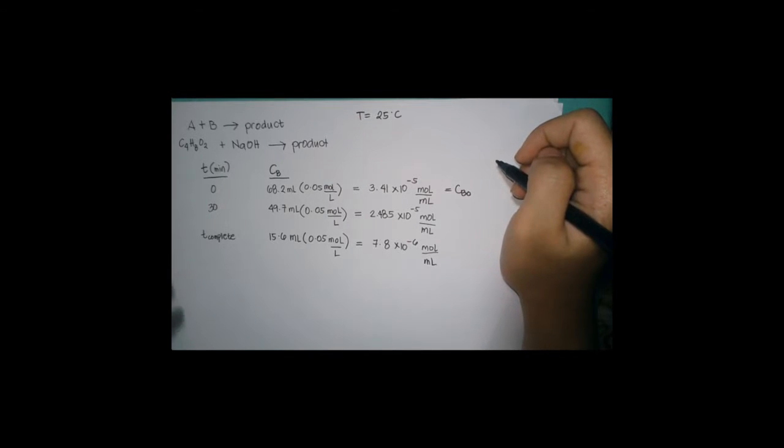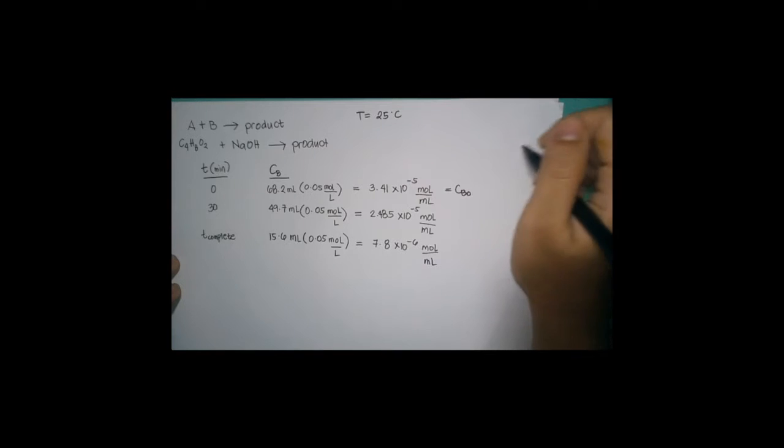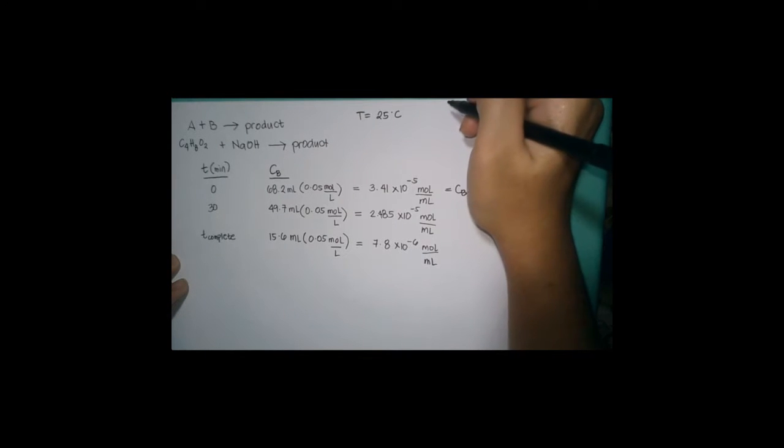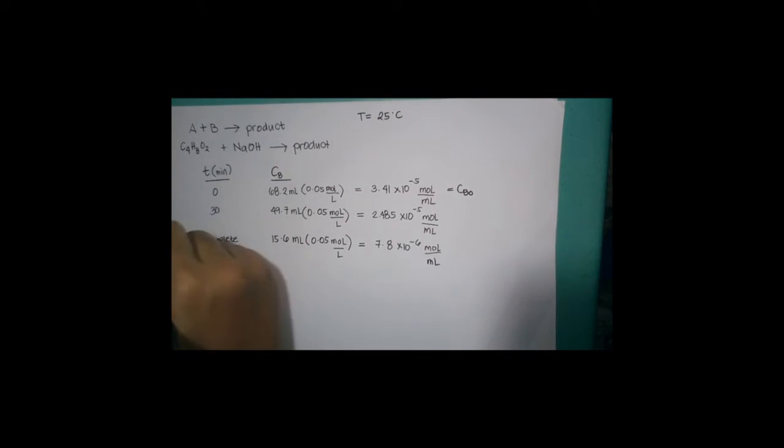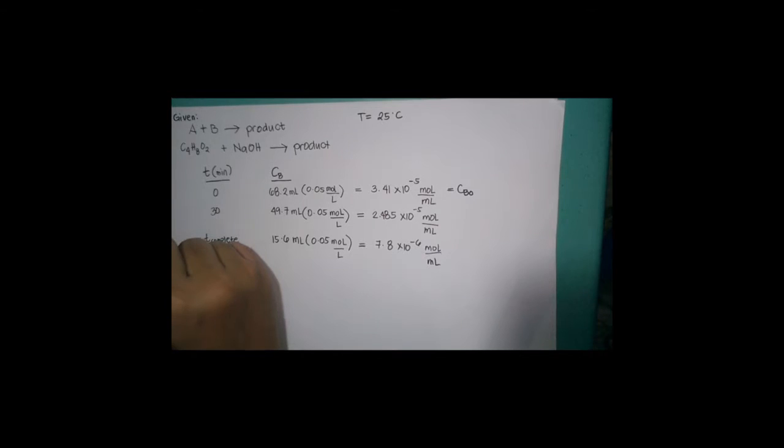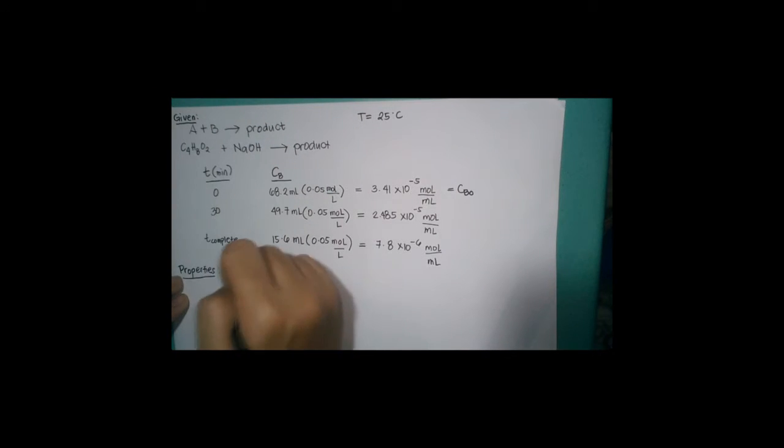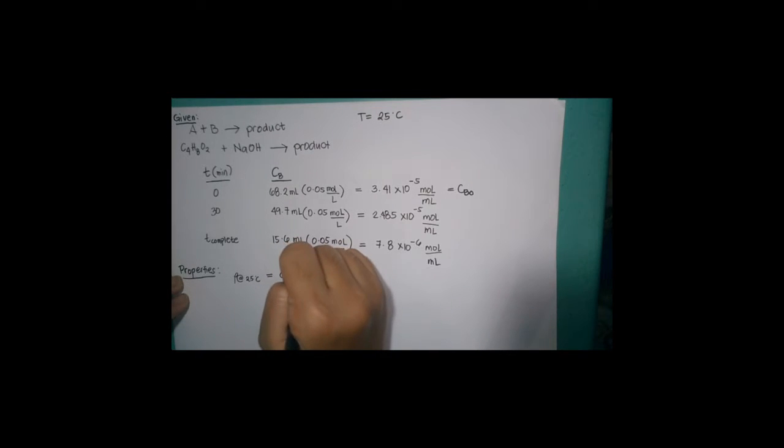In order to find this, we are having properties of our A, which is, in order to solve, we have to have its density at 25 degrees Celsius, which is 0.902 gram per ml.